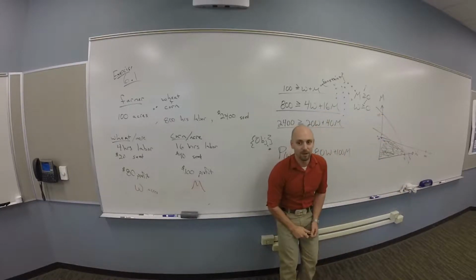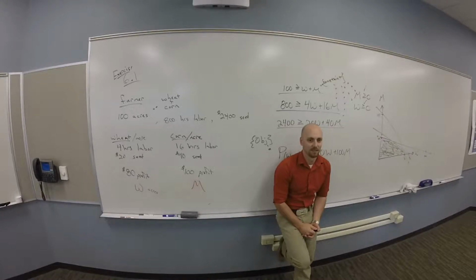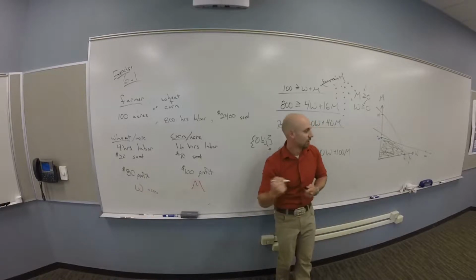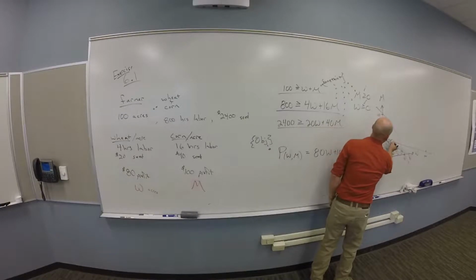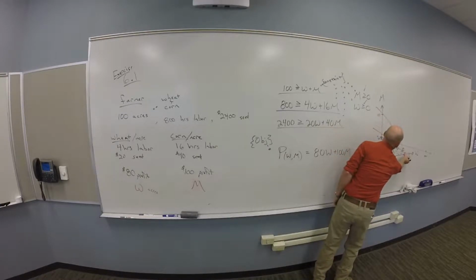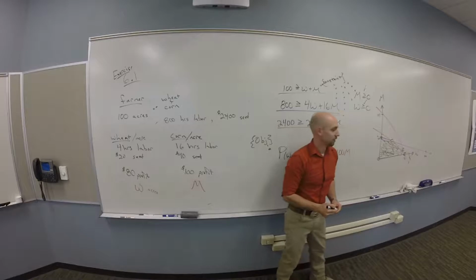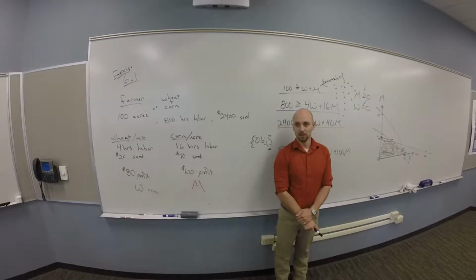What did the fundamental theorem of linear programming say? Yeah, maxes or mins happen at the corners. So now you gotta go find the corners. So there's this corner, there's this one, this one, and that one. You guys see that?